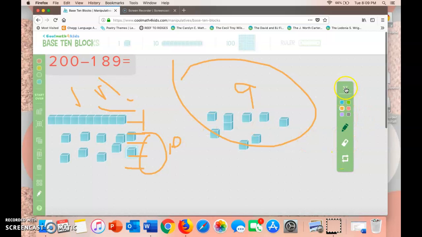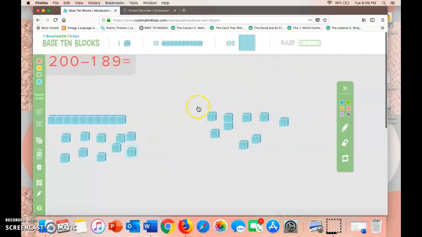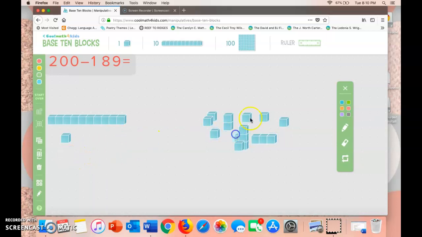They would be able to see that all 9 of these cubes could be taken away from the 10 that they have here, meaning the student would just be left with 1 tens block and 1 one, because all ones blocks over here have been subtracted from each other.